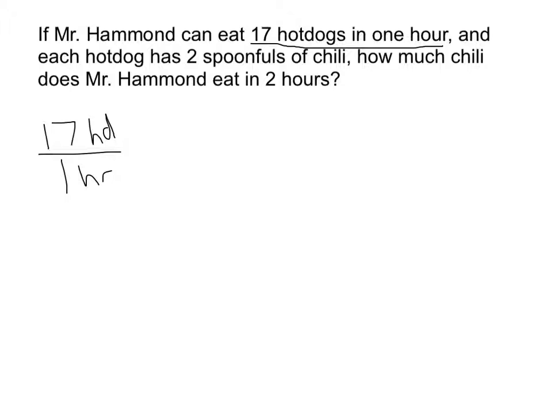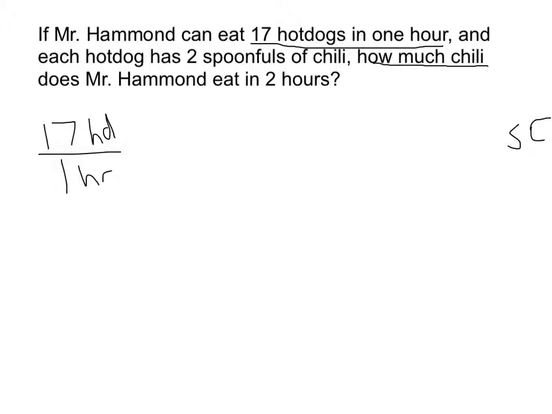But we're going to start there. Our final answer, it looks like how much chili is what this question is asking. So our final unit should be in chili, or probably spoonfuls of chili. Okay, so we're just going to say spoonfuls of chili. That's SC. Alright, so 17 hot dogs per hour, we're going to convert that to spoonfuls of chili.